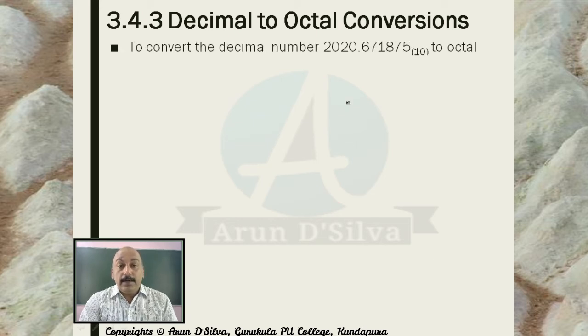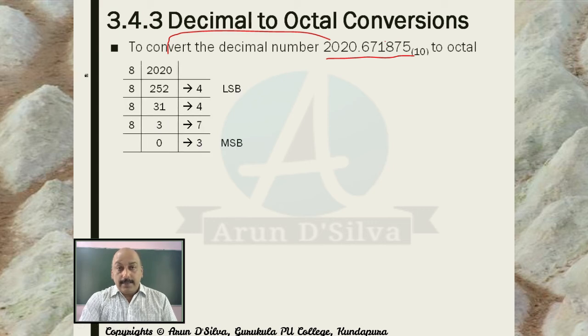I have taken the number 220.671875 and I want to convert it into octal. First I take the integer part, then the fractional part. So 220 I'll take first and convert into octal.